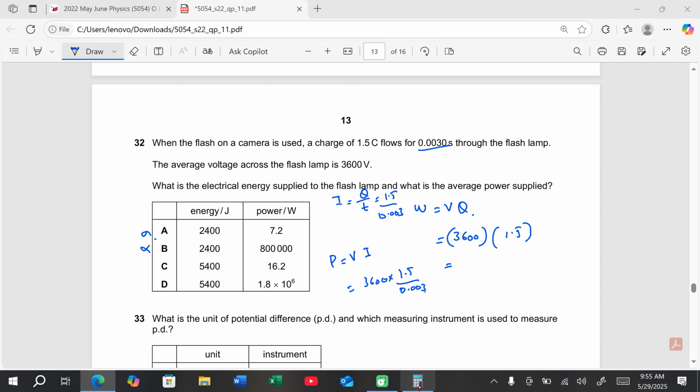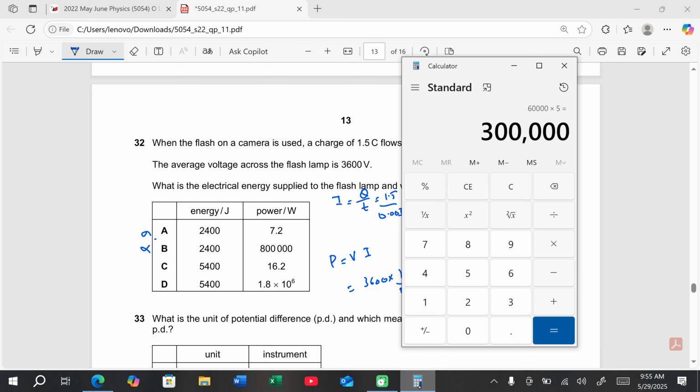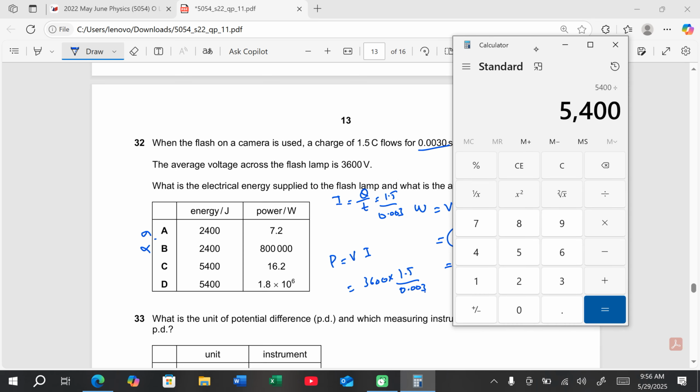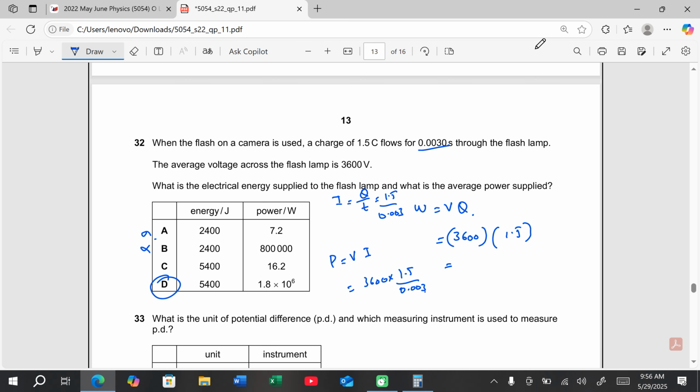So we're going to use the calculator for this. 3600 times 1.5 divided by 0.003. So that is 1.8 times 10 to the power 6. D.